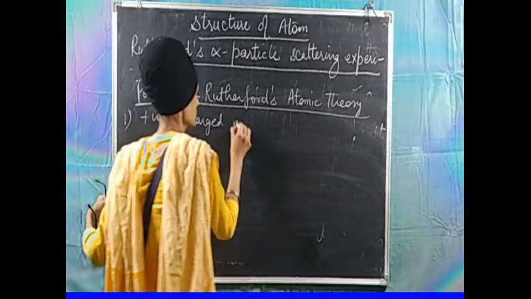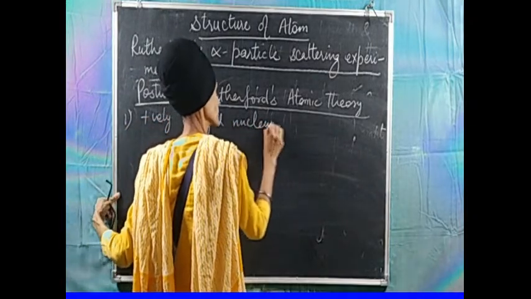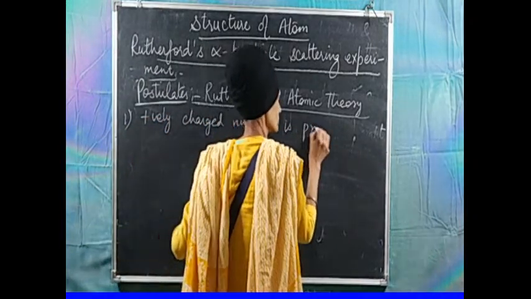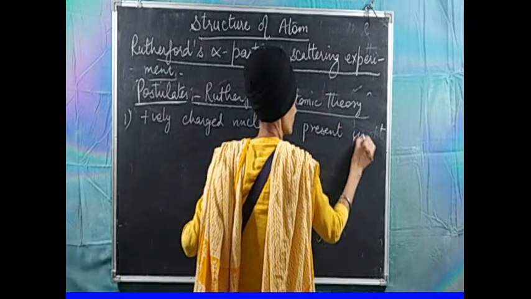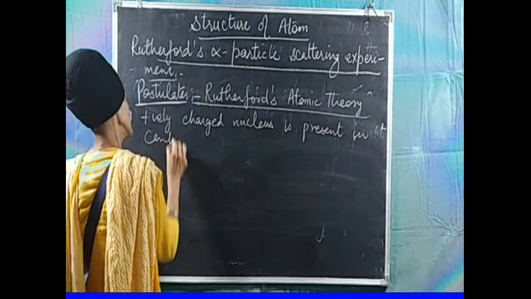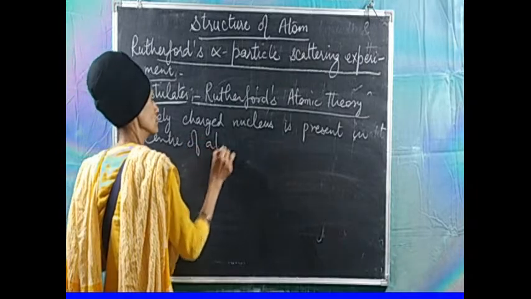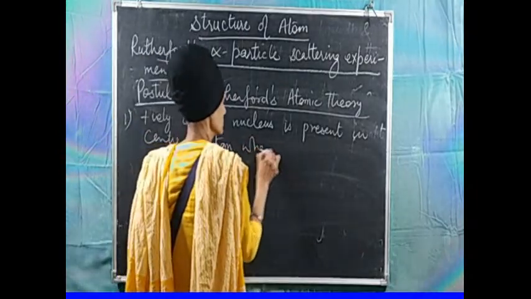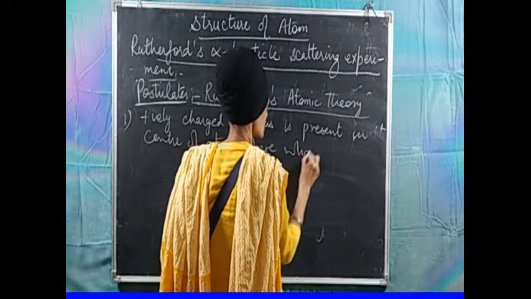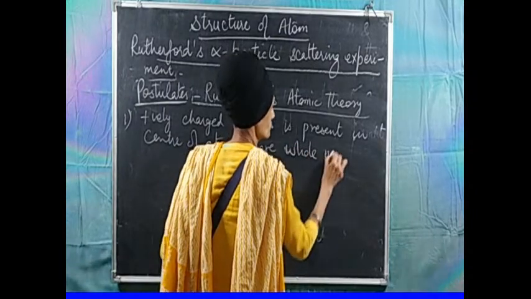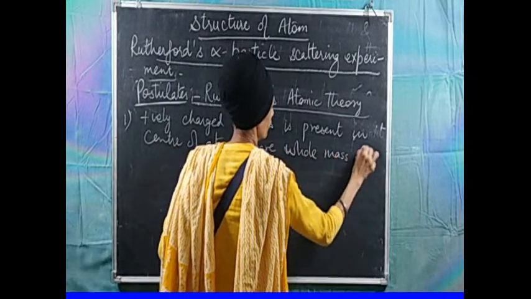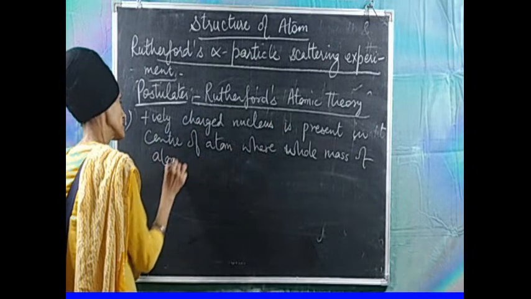Positively charged nucleus is present in center of atom, where whole mass of atom is concentrated.